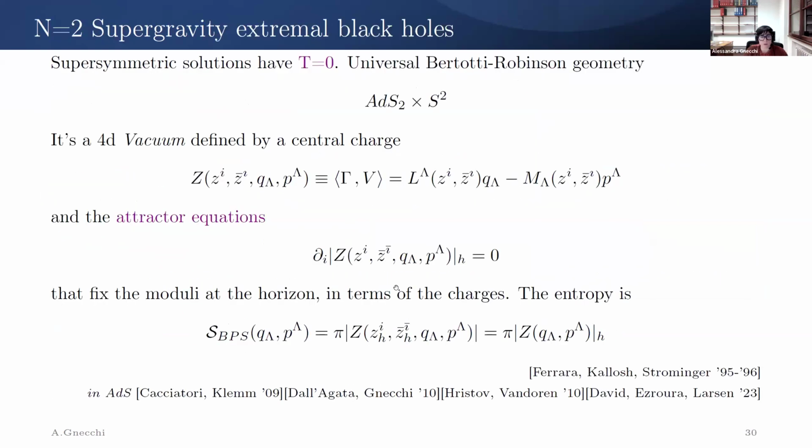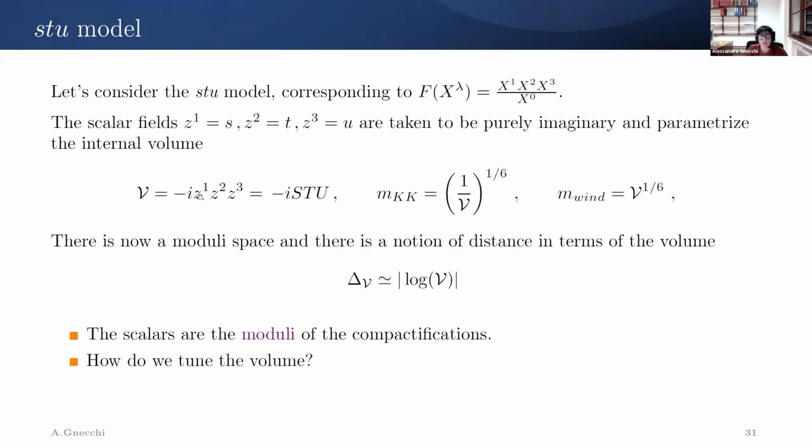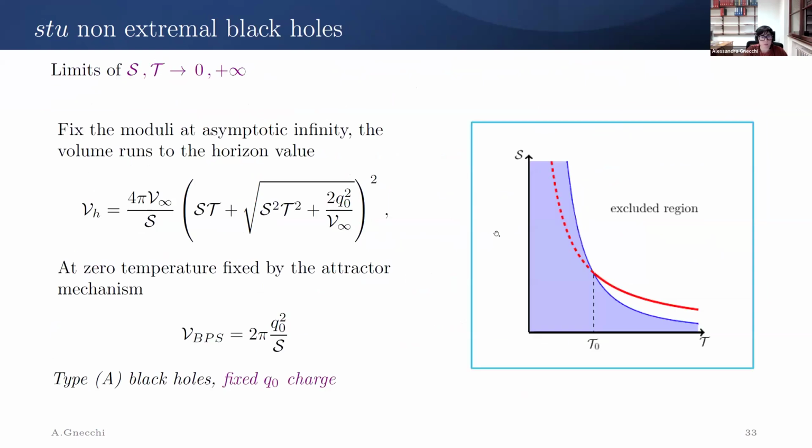I wrote mostly one because it can be generalized and is less trivial than having just one field. The expression of the volume, for example, in this case is Q0 over S, and here S is Q0 times P cubed. But if you do the Einstein-Maxwell dilaton case, S would be Q0 times P0. So it changes some expressions, but not the functional behavior and the analysis. So it holds for a lot of examples.